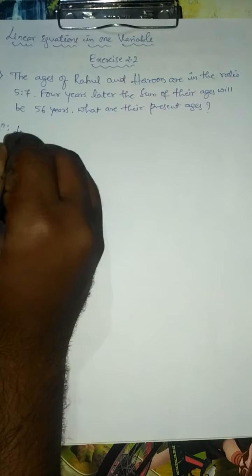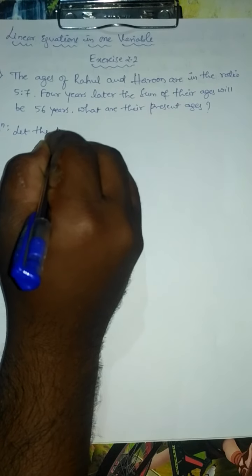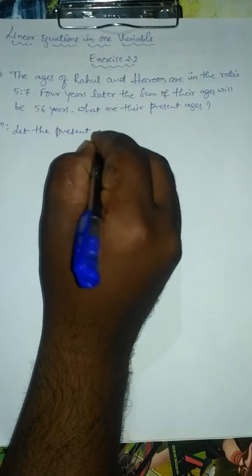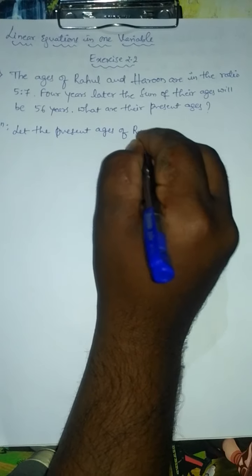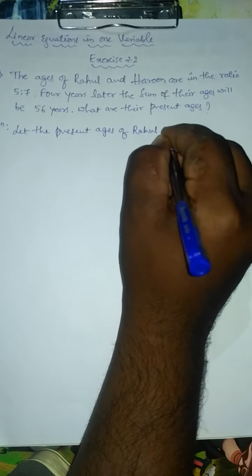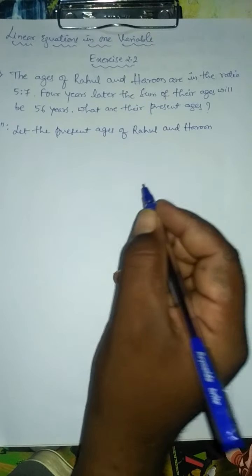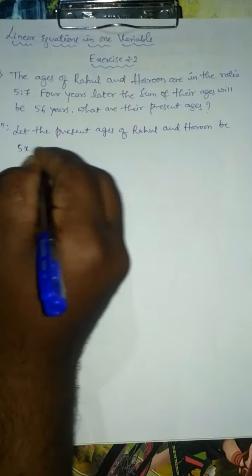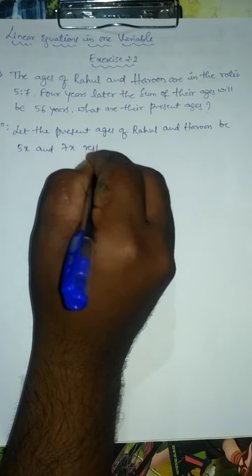Let the present ages of Rahul and Harun be 5x and 7x respectively.